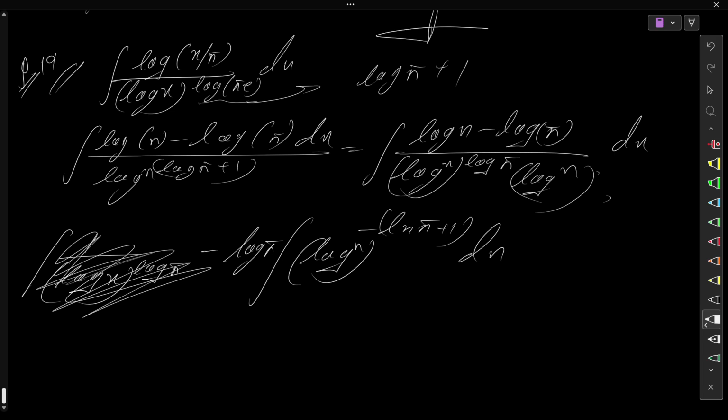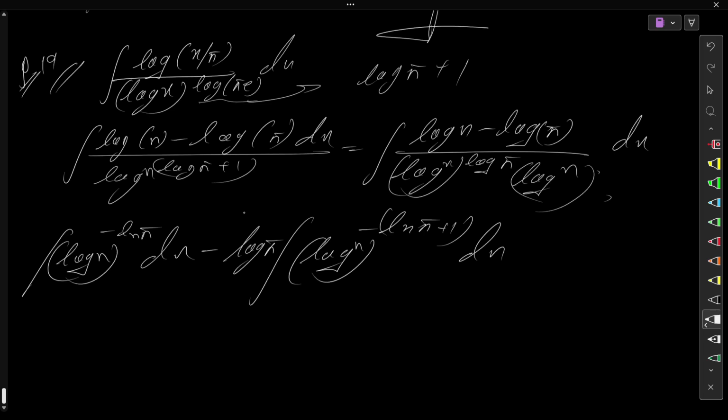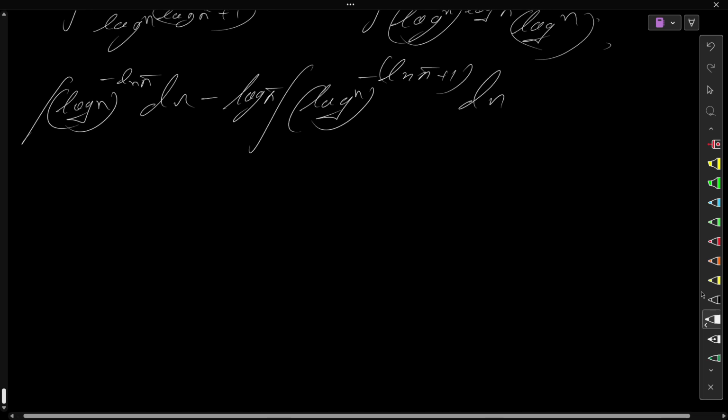So log x whole to the power minus ln pi dx. So I'll use the laws of cancellation.